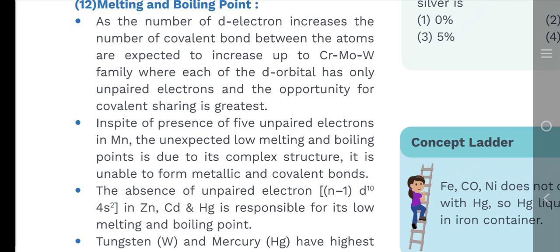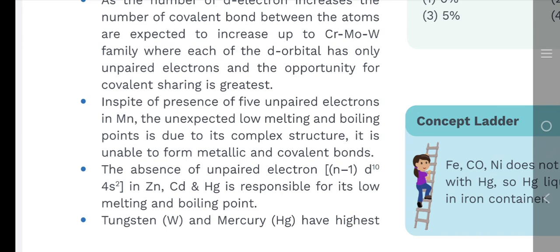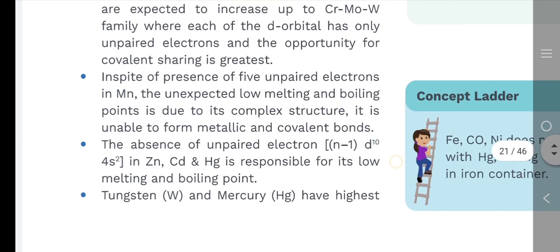In spite of presence of 5 unpaired electrons in Mn, the unexpectedly low melting and boiling points are due to its complex structure. It is unable to form metallic and covalent bonds. The absence of unpaired electrons in zinc, cadmium and mercury is responsible for their low melting and boiling points.